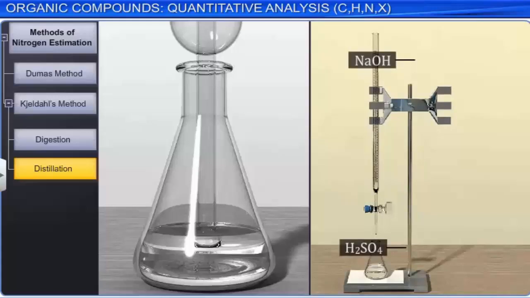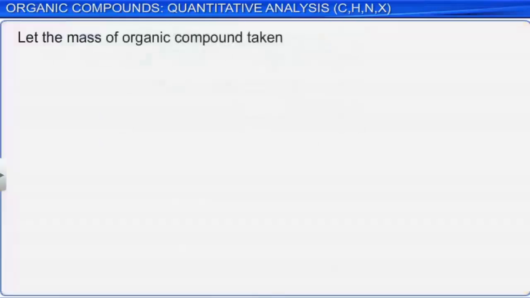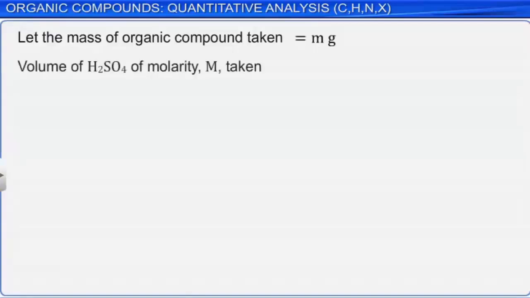Let's assume that the mass of the organic compound taken is m grams. The volume of sulfuric acid of molarity M taken in the flask is V ml. The volume of sodium hydroxide of molarity M used for the neutralization of excess acid is V1 ml.